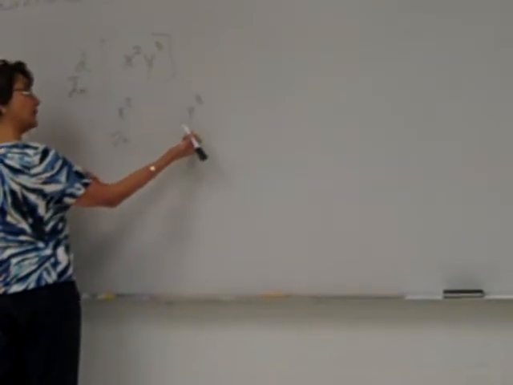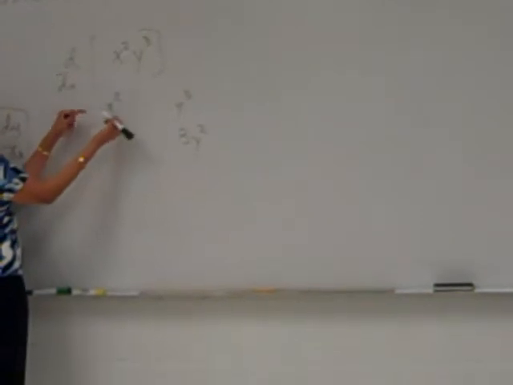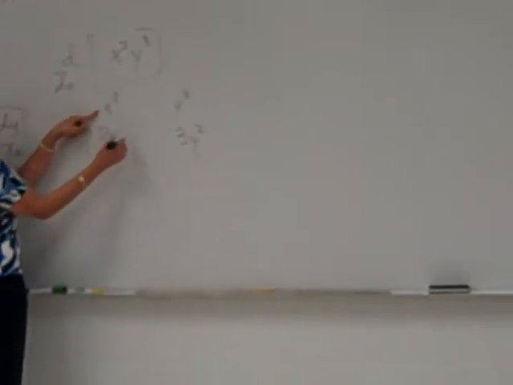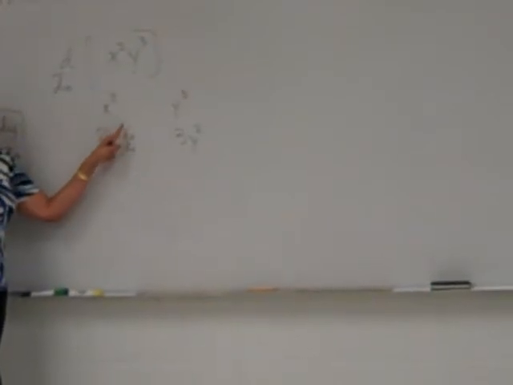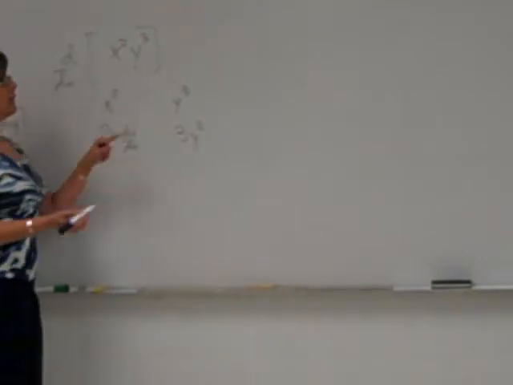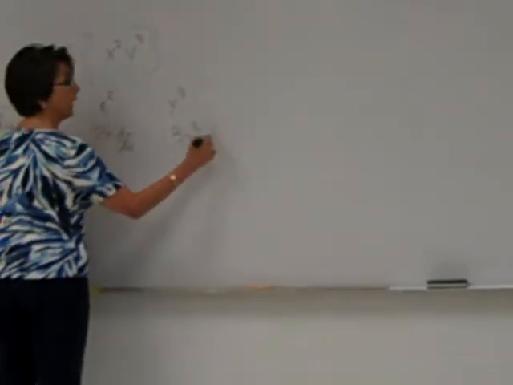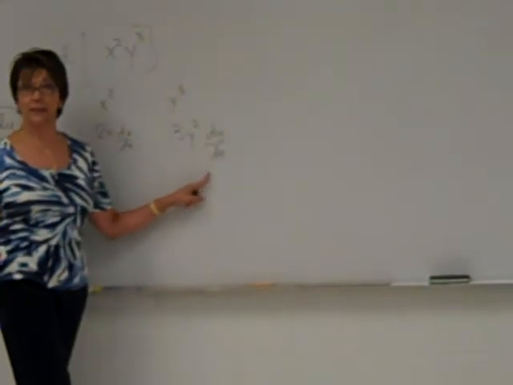What is the derivative of y to the third? 3y squared. All right. Now, when I take the derivative of x squared, it's going to be 2x dx over dx. I am differentiating x as a function of x. Okay? But when I take the derivative of y, I'm taking the derivative of y as a function of x, dy over dx. Can you see that?